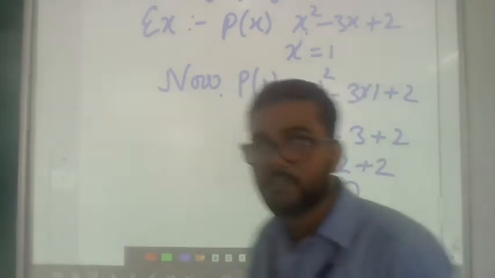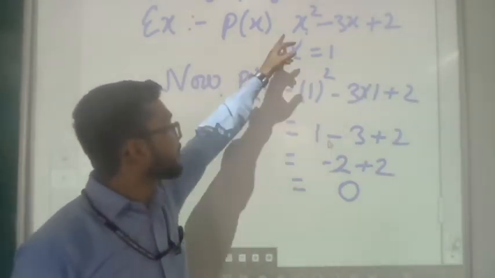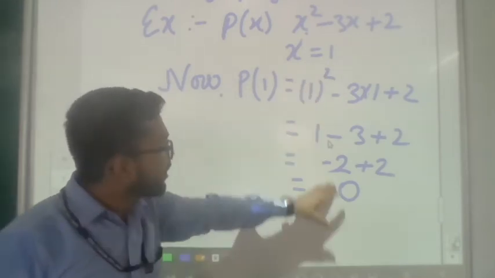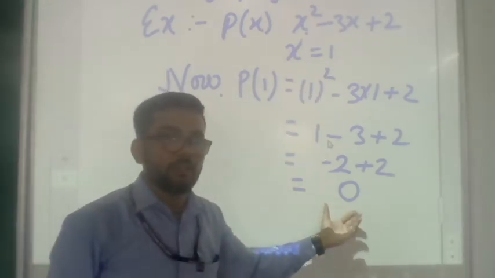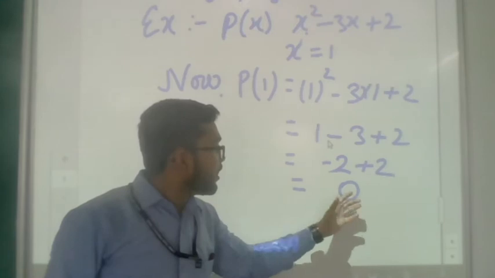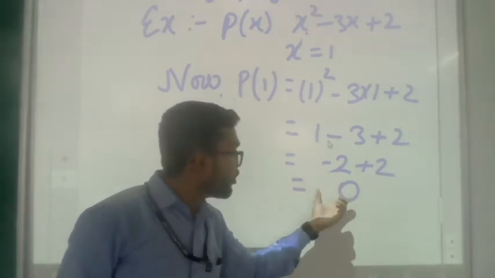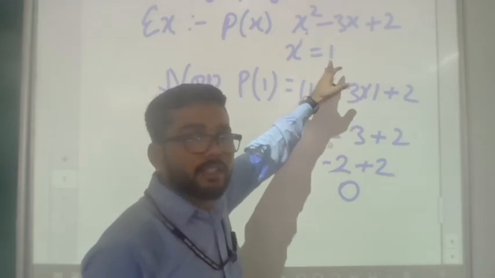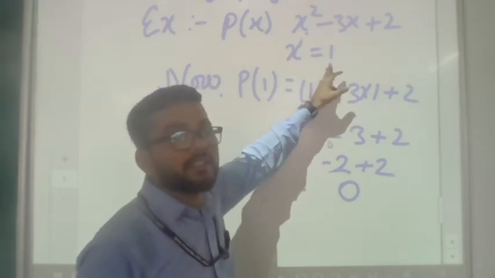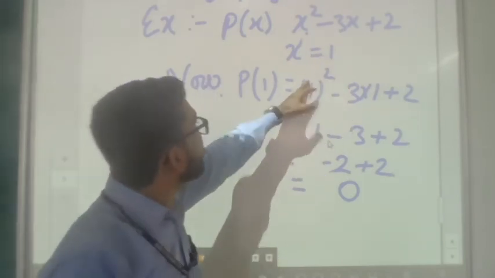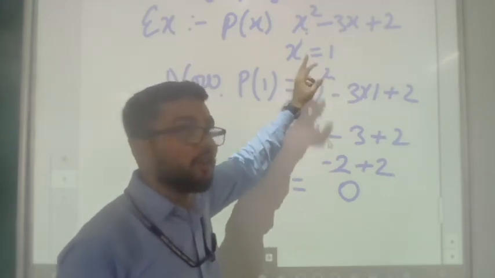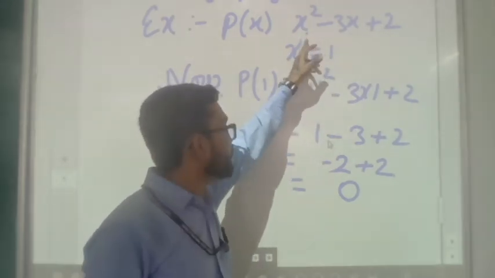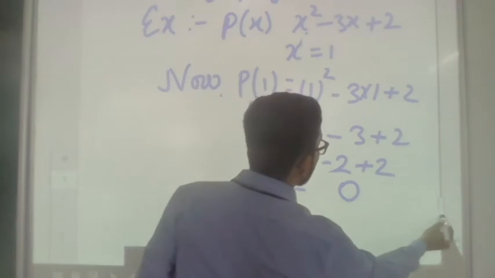If I replace x by 1, we get 0. So if we get a value equal to 0, then the number which replaced x is called a zero of this polynomial.